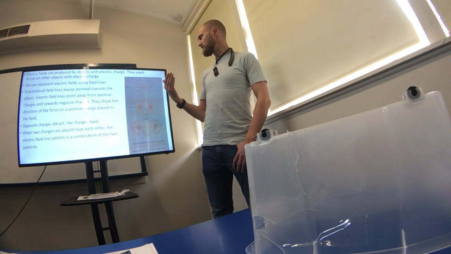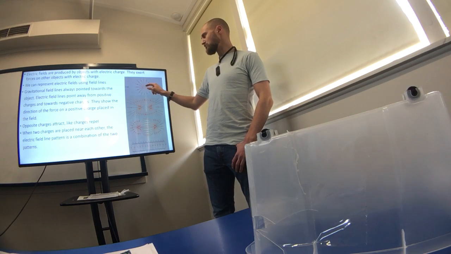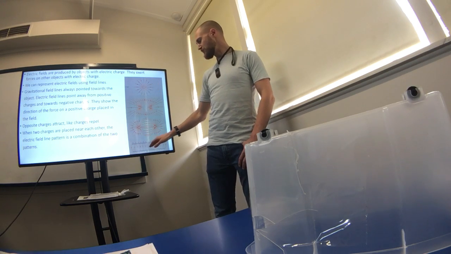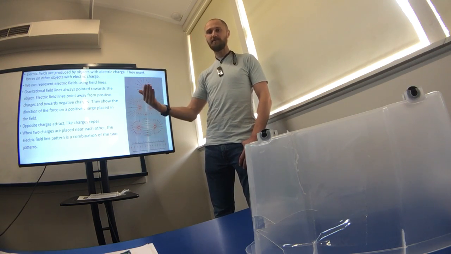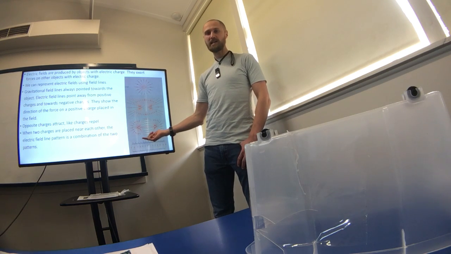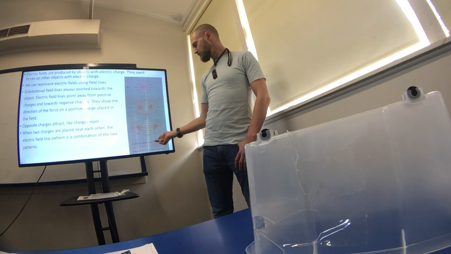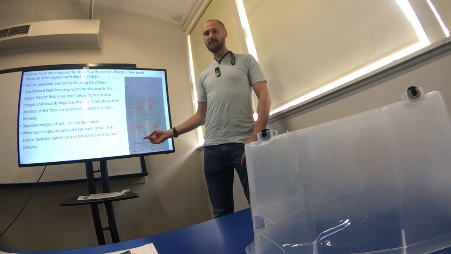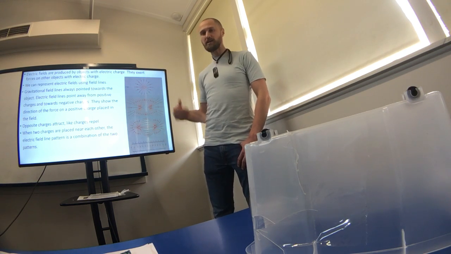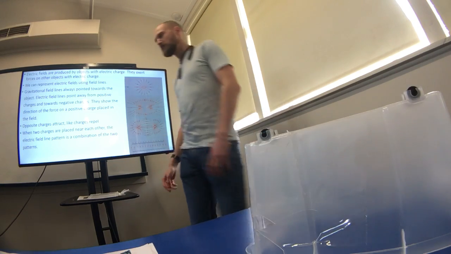But just know for now that it can vary from point to point, like when you've got a single charge, or it can be uniform, the same from point to point, when you've got this kind of parallel plates capacitor setup. So just something to keep in mind. That's why we like these setups, and you see them quite a bit, because you can assume a constant electric field strength as an object is moving through the field.